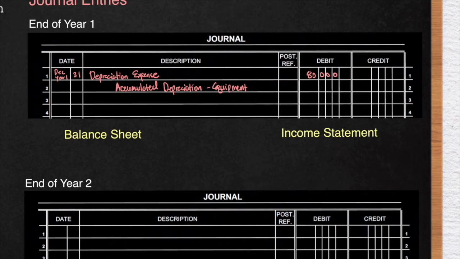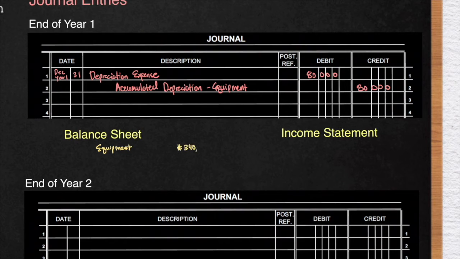Notice we debited an expense that belongs on the income statement as stated earlier, and actually helps you out on your taxes because it will lower your revenues and you'll be taxed less on net income. Accumulated depreciation is on the balance sheet, and I'll show you how that's illustrated right now.